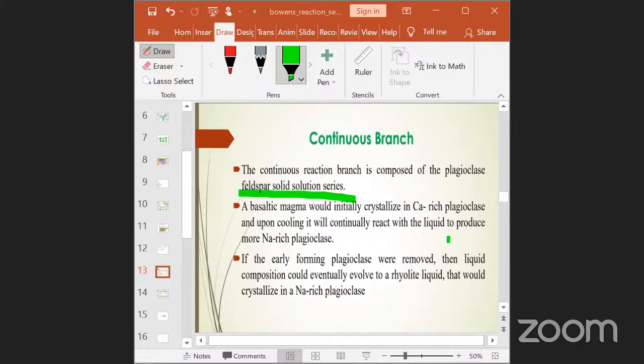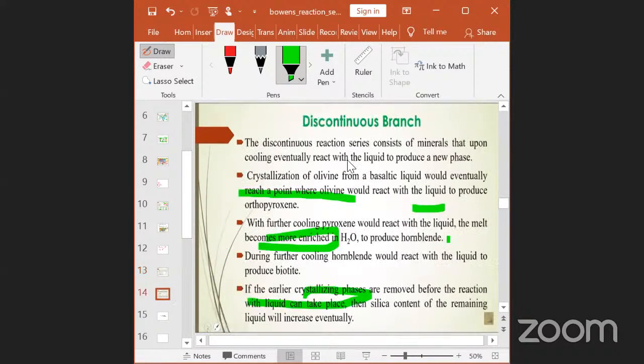A basaltic magma will initially crystallize calcium rich plagioclase, and upon cooling it will continuously react with the liquid to produce more sodium rich plagioclase. If the early forming plagioclase were removed, then the liquid composition could eventually evolve to a rhyolite liquid, which would crystallize sodium rich plagioclase. So this is the continuous branch.